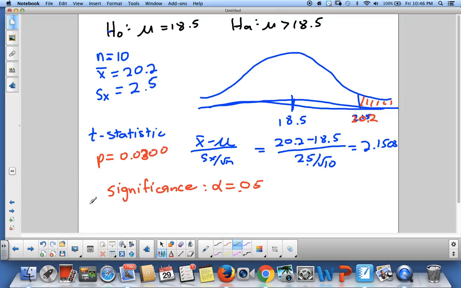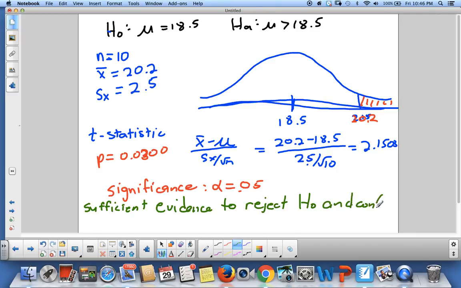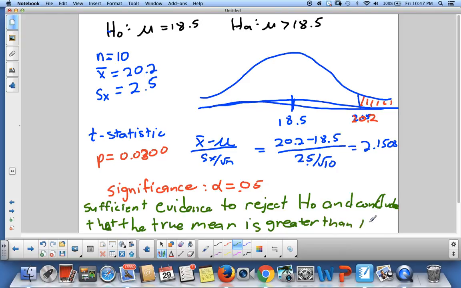to reject the null hypothesis and conclude that the true mean is greater than 18.5.